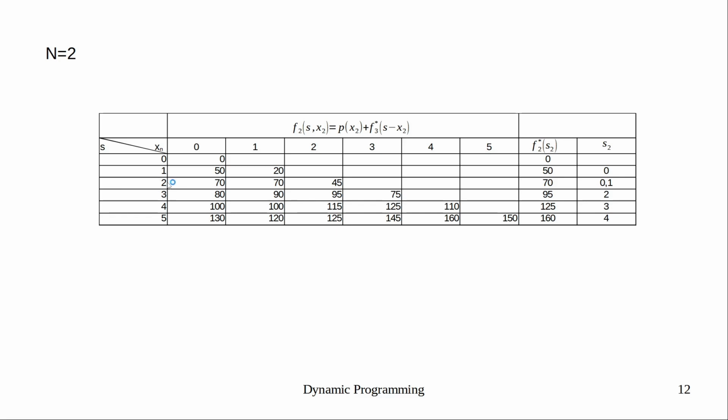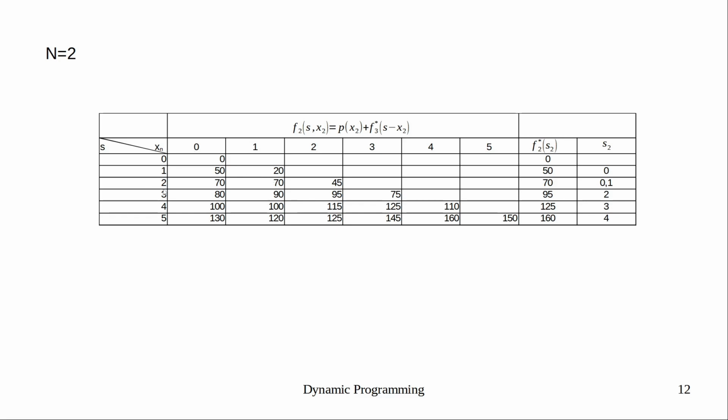Now, if you allocate 0 teams to yourself, it's going to be 70, which is allocating 2 teams to country number 3. But let us say if you allocate 1 team to yourself, it's going to be 50 plus 20, 70.